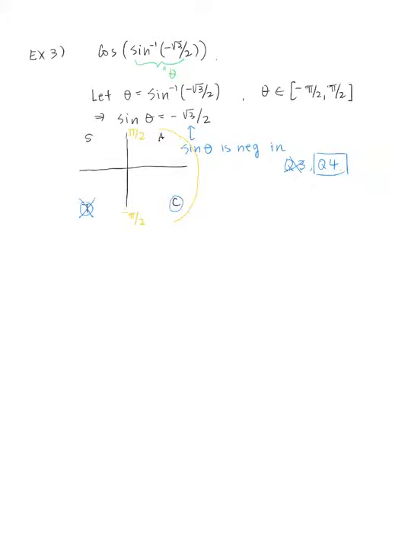Okay, so let's do the same deal that we've been doing. Sine is the opposite over the hypotenuse. So the opposite side of the triangle has length square root of 3 and the hypotenuse is 2. So the bottom length has to be 1.